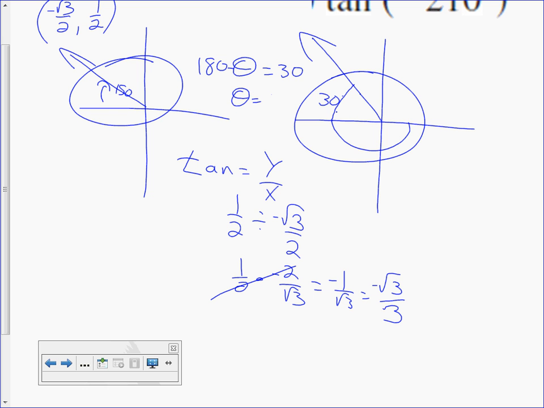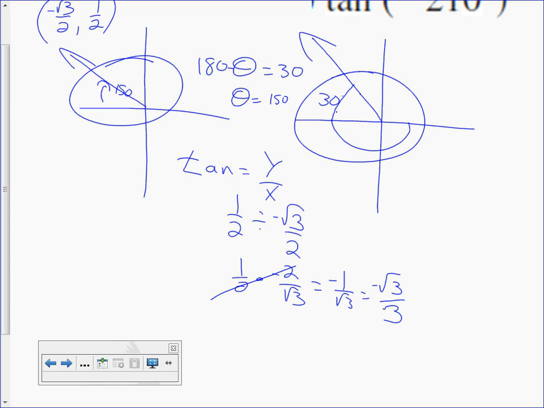So theta was the 150. That's what I'm solving for. I'm figuring out what theta is going to be. What angle has that reference angle of 30 degrees? I think I might have said it, but I didn't show algebraically how I did it. So long as that's going to be like 30, 60, or 45. If it's not, then you're going to have to use your calculator to solve it.